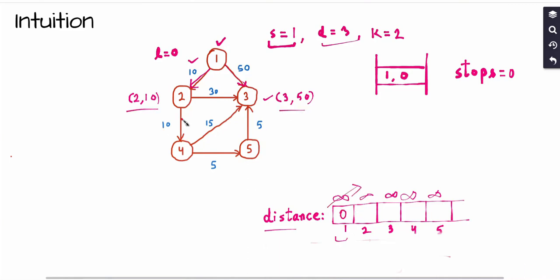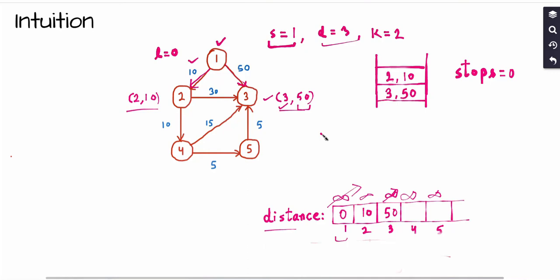Then I can see that the distance 10 is better than the distance which we already have for city number 2, that is infinity. So I replace this infinity with the distance 10. Same goes for city number 3. The distance till city 3, which is 50, is better than the distance which we already have for this city, which is infinity. So I replace this infinity with 50 and I push these pairs into my queue.